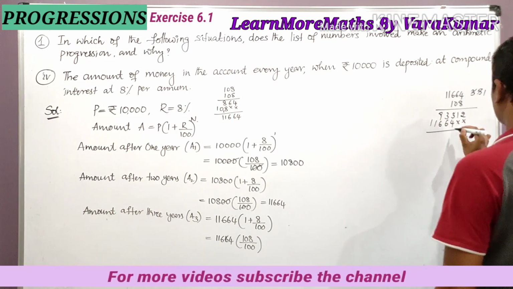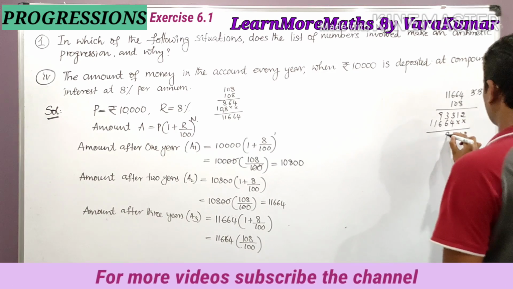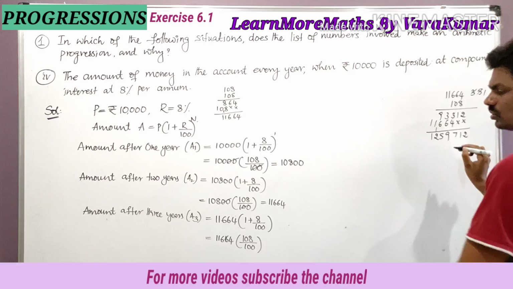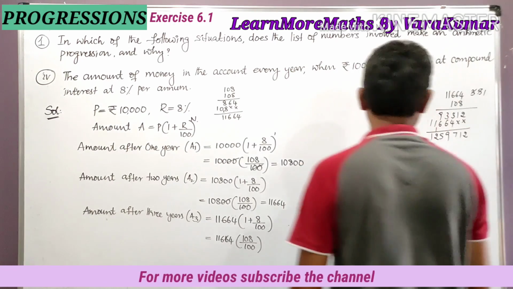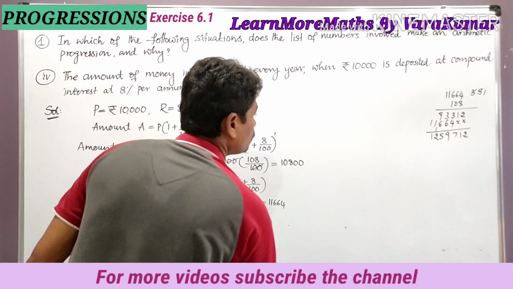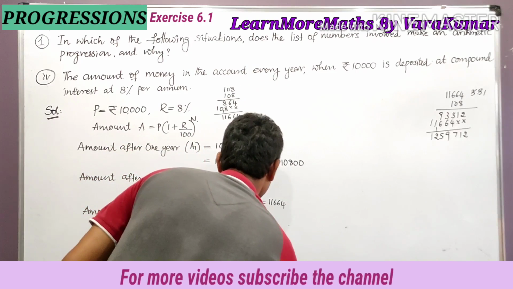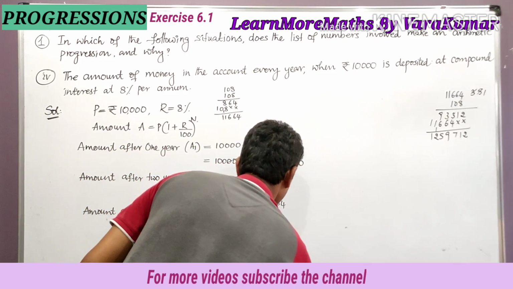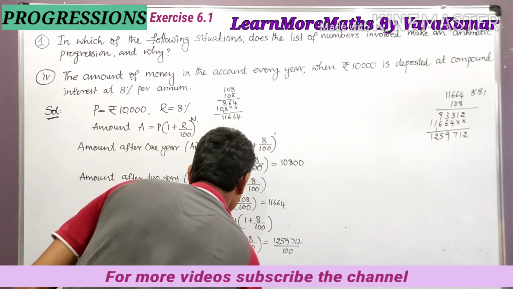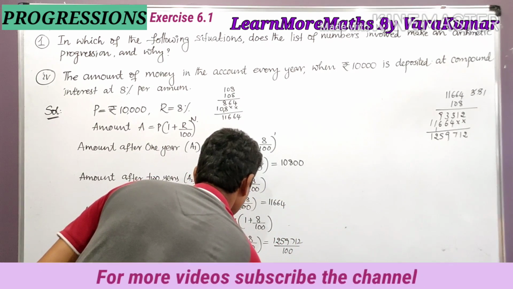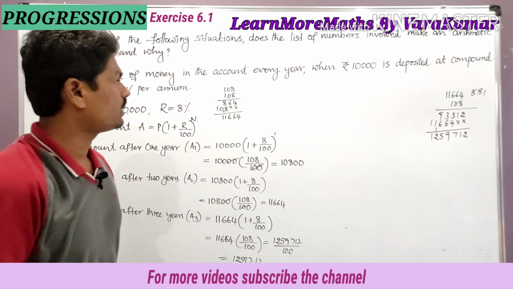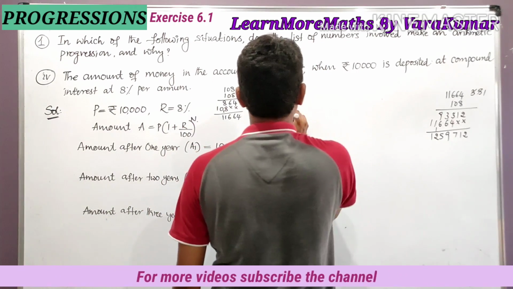So we get 1259712. Divided by 100, it becomes 12,597.12.